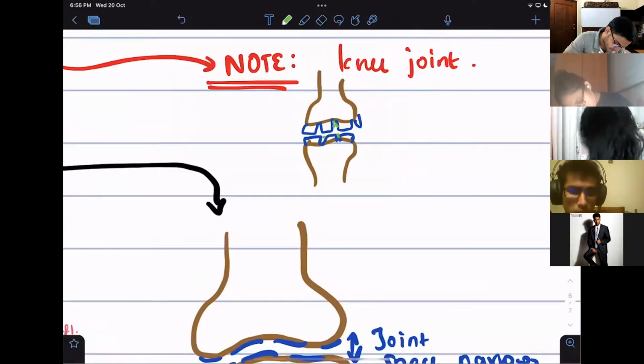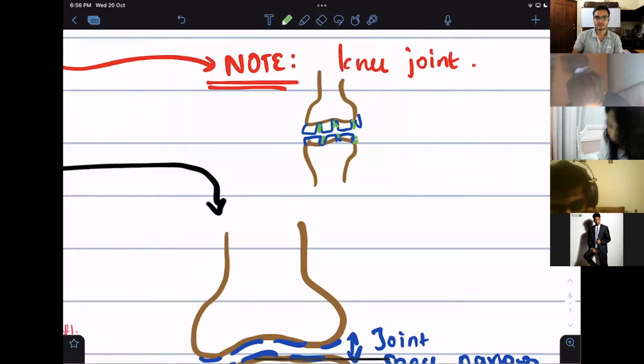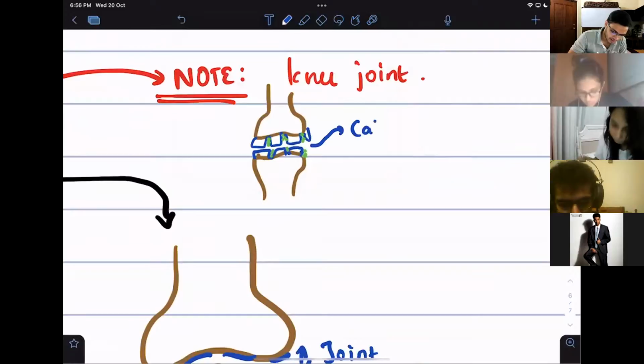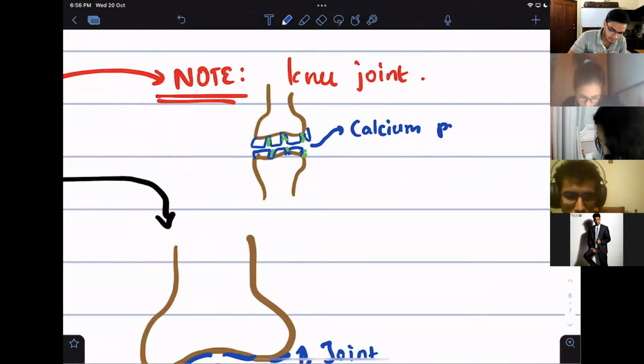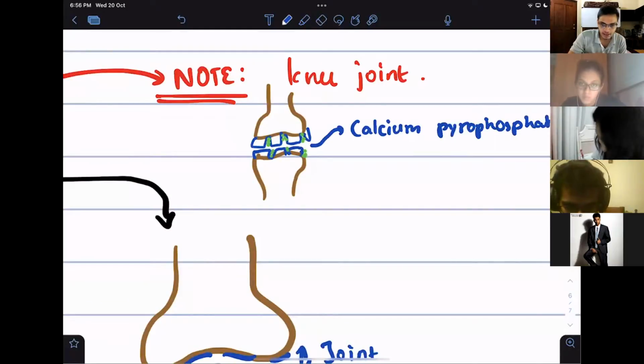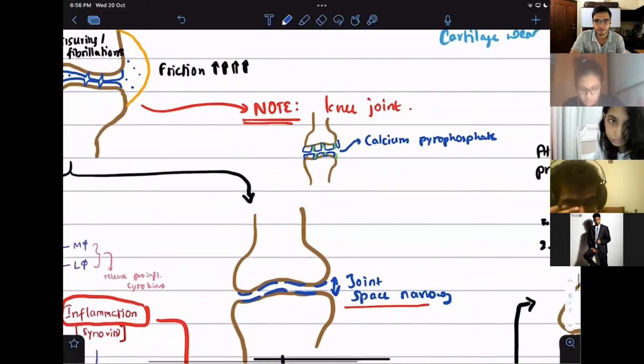What are these? Calcium pyrophosphate. This is not very common, but in knee osteoarthritis, sometimes these calcium pyrophosphate depositions can be seen.